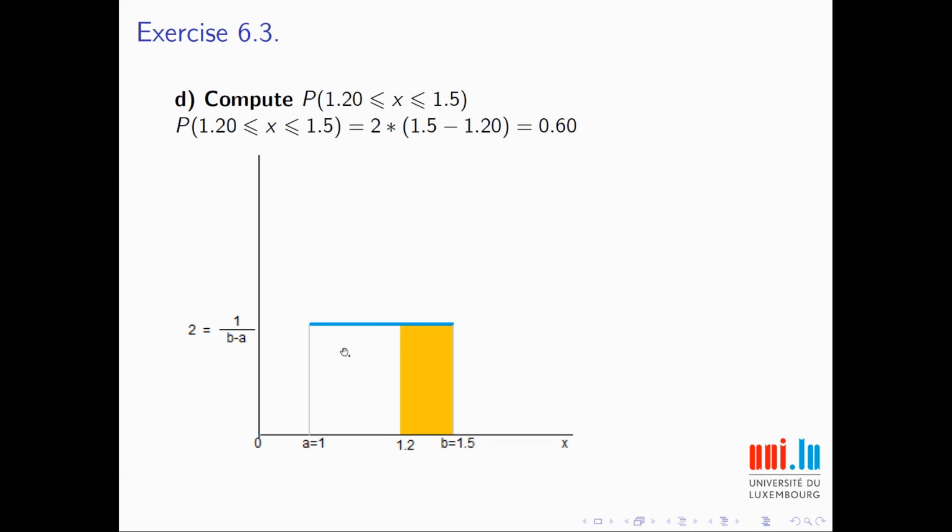You just calculate the area of the yellow rectangle, and the area is equal to 0.6. That means the probability that the random variable lies within the interval is equal to 60%.